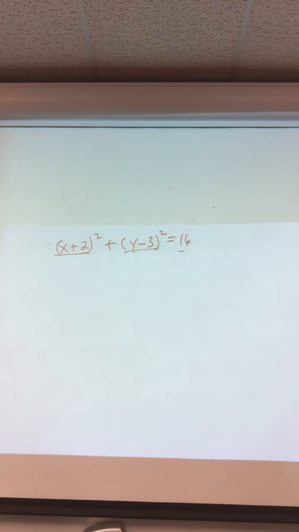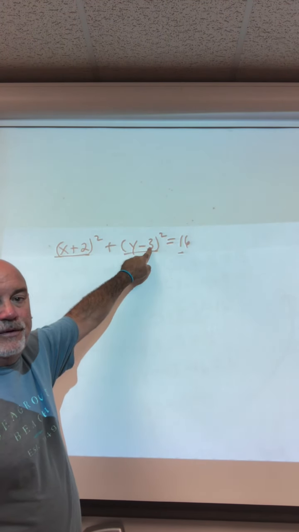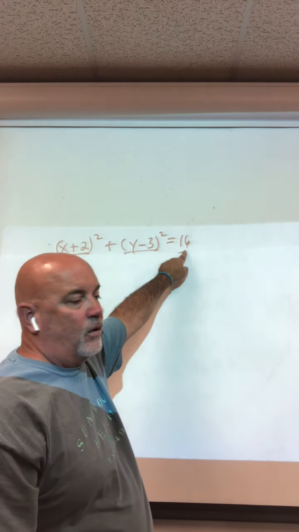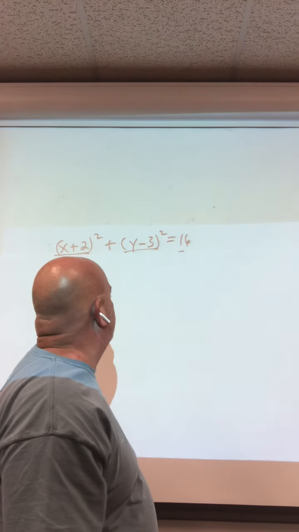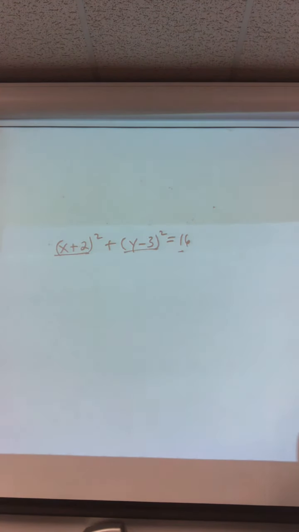Look at this problem right here. Tell me what the H and K are here. It's negative 2, comma, positive 3. And K is the square root of 16, which is 4. So negative 2, comma, 3, sorry. And the radius is 4.